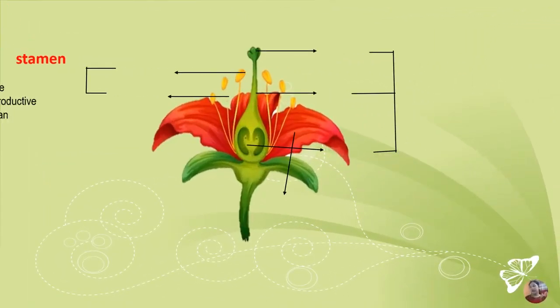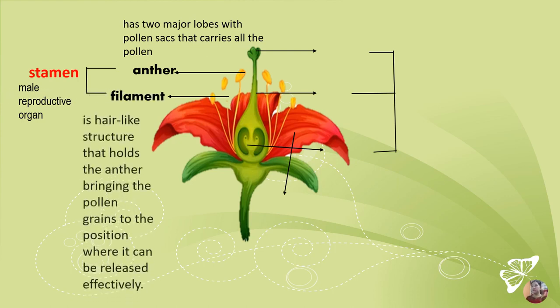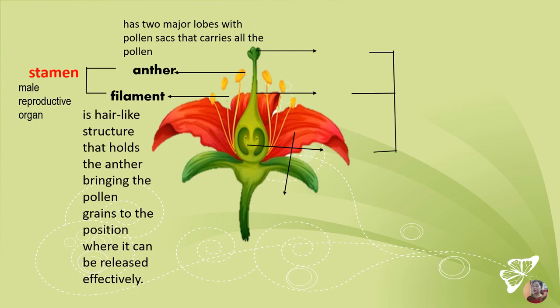Stamen. It is the male reproductive organ, consists of anther. It has two major lobes with pollen sacs that carry all the pollen. And filament is a hair-like structure that holds the anther, bringing the pollen grains to the position where they can be released effectively. The next is pistil. It is the female reproductive organ. It consists of stigma.